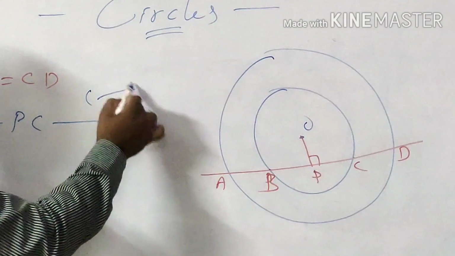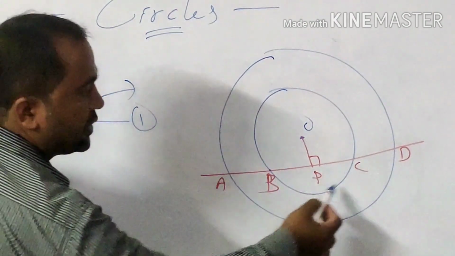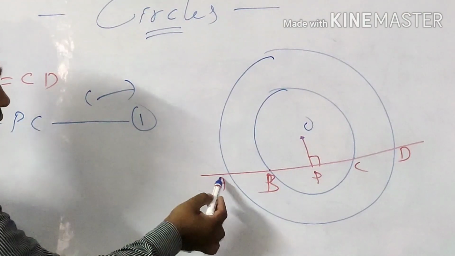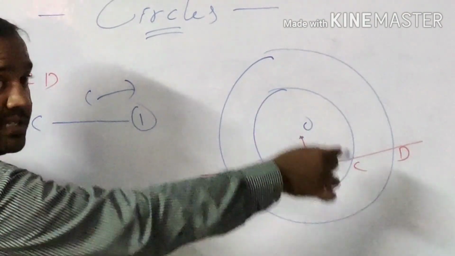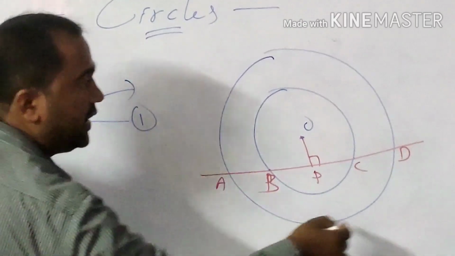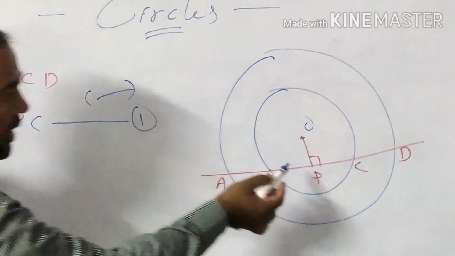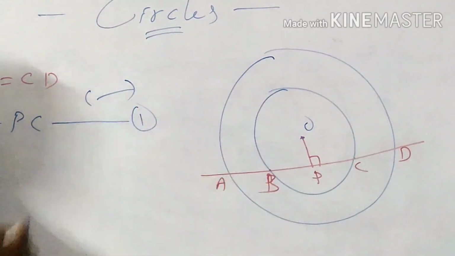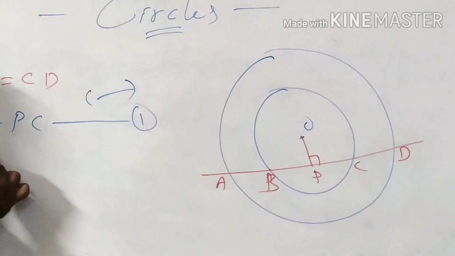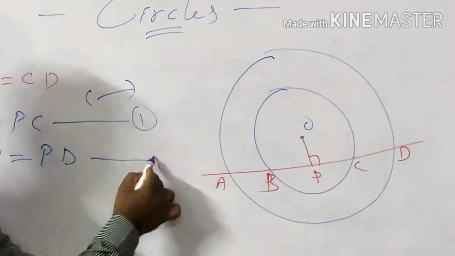Now, AD is a chord for the larger circle, and P is the point where the perpendicular is drawn from center O. Then AP is equal to PD, equation 2.